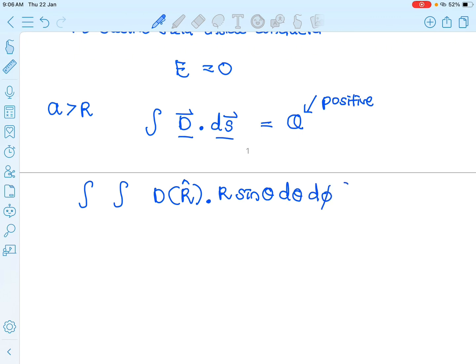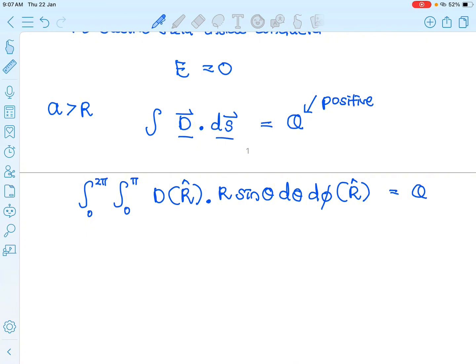You can refer to our notes. This is how we define dS that has the directions. Theta ranges from 0 to pi, and phi from 0 to 2 pi.